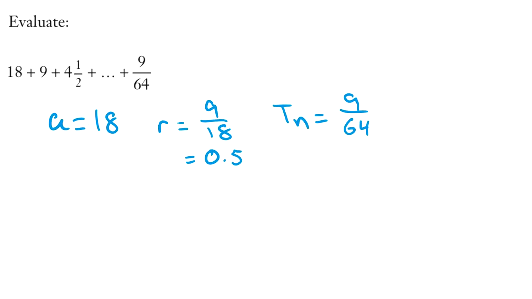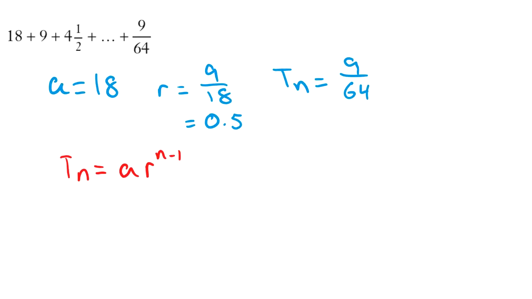So we can use our sequence formula now to find what our n value is. And if you don't remember what that is, that's it there. So now let's substitute our values in.